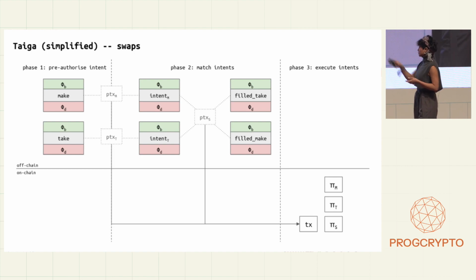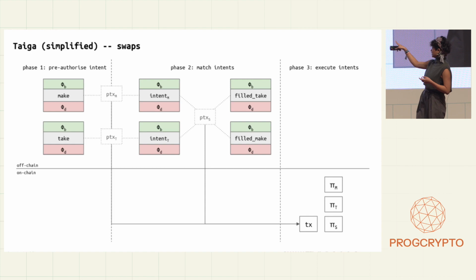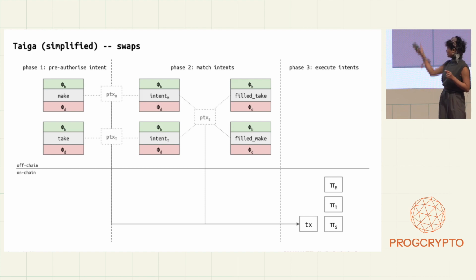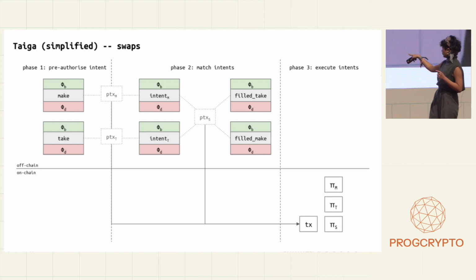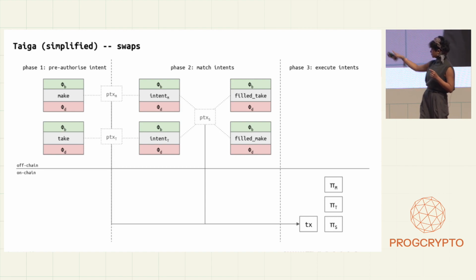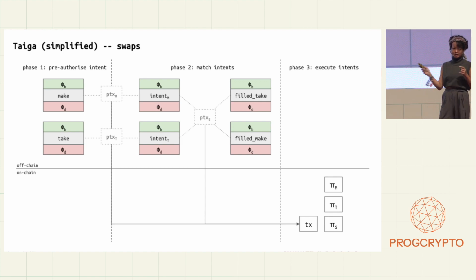So now the balanced transaction consists of these three partial transactions. And once again, the order book operator sends the balanced transaction to the network, along with the proofs that they satisfied the predicates in each of these records.